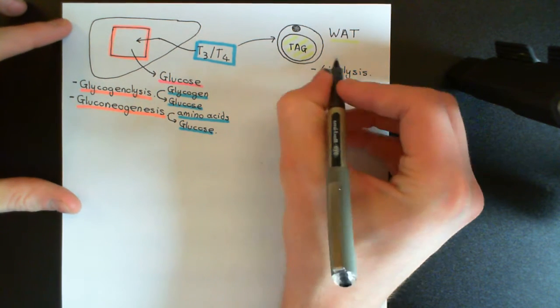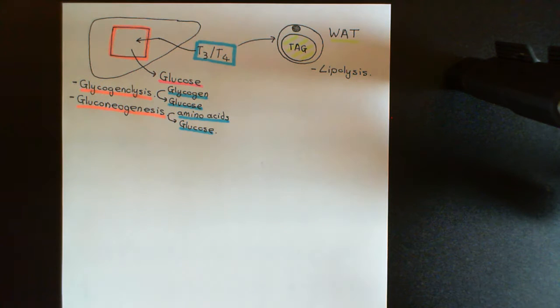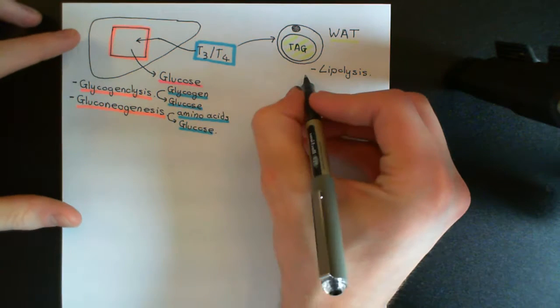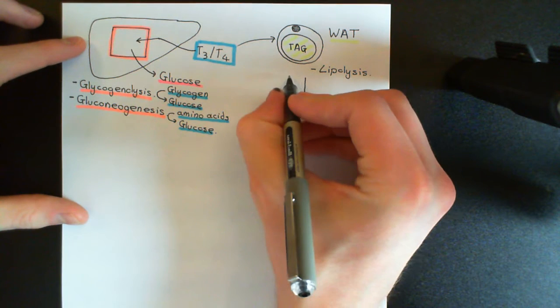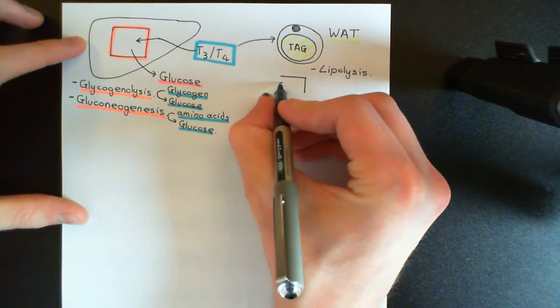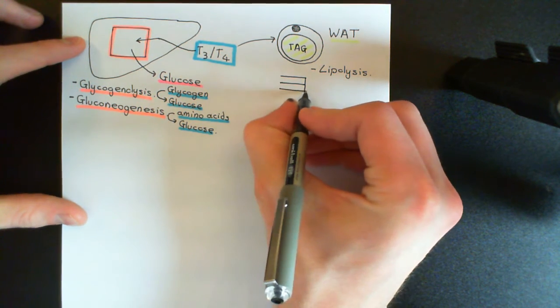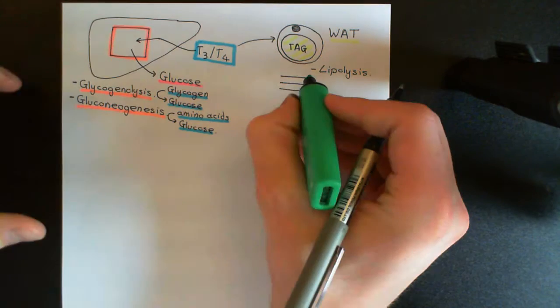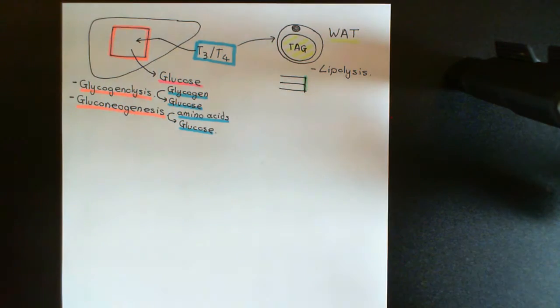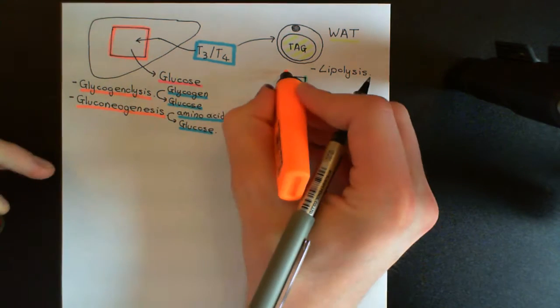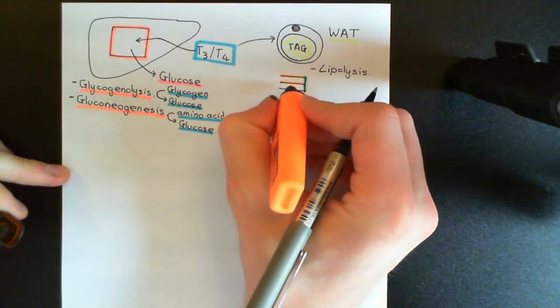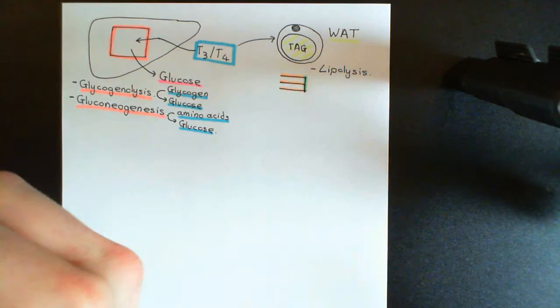And in lipolysis, what's going to happen is the triacylglycerols are going to be broken up into a glycerol molecule and free fatty acid molecules. So if I just draw this, so here is a little cartoon of a triacylglycerol molecule. So this is the glycerol molecule here, and these are the free fatty acids attached onto here.